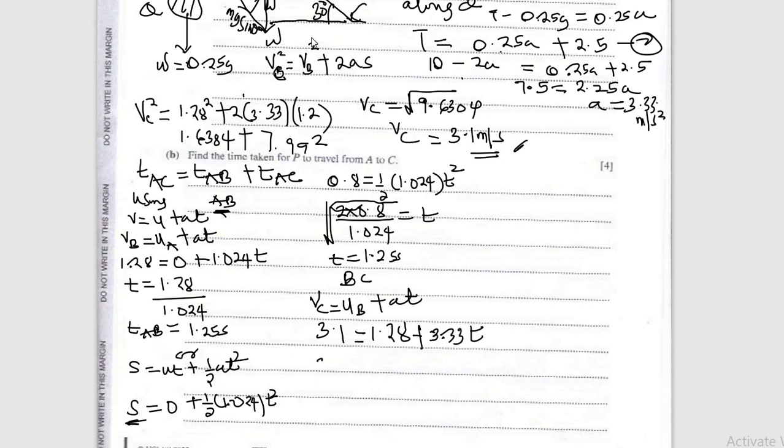So here we have 3.1 minus 1.28 divided by 3.33 will give us the time at that section. So the time at that section will be shorter because it's smooth, so we have a small time, 0.5465.